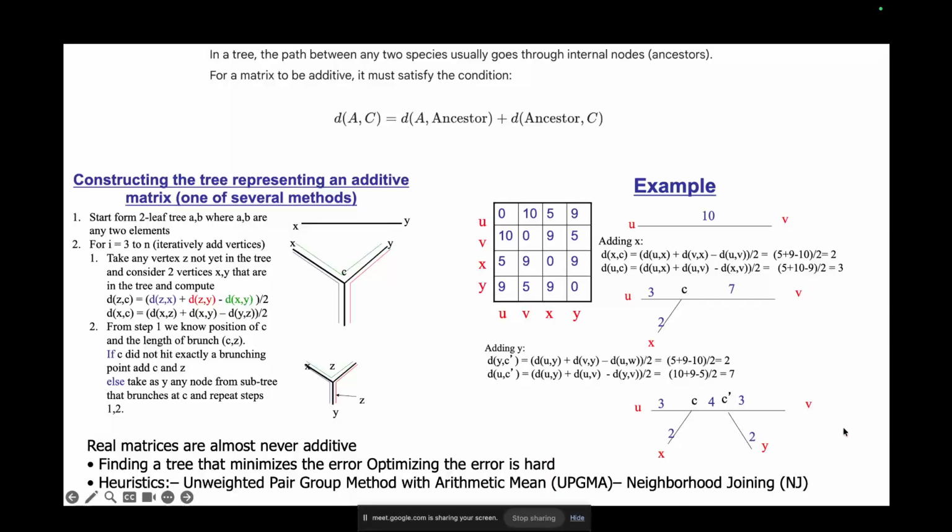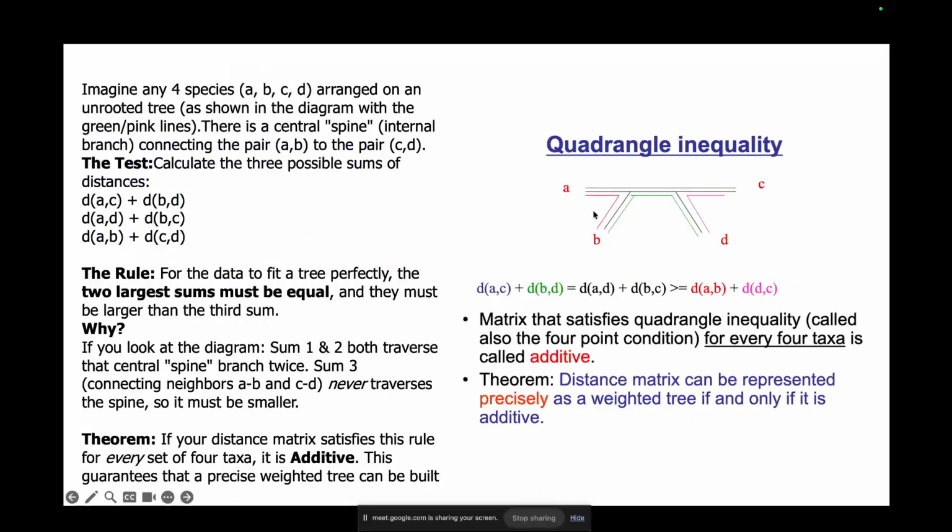So from that you can get something of a tree like this, with branches and branch lengths. But again, this matrix needs to be additive, and for it to be additive, it has to follow this particular principle.